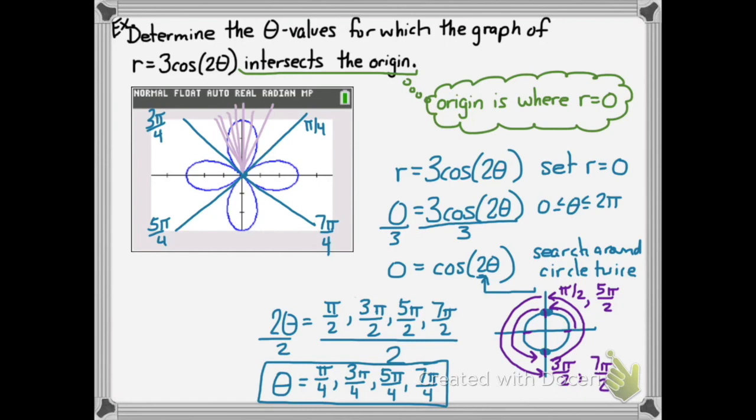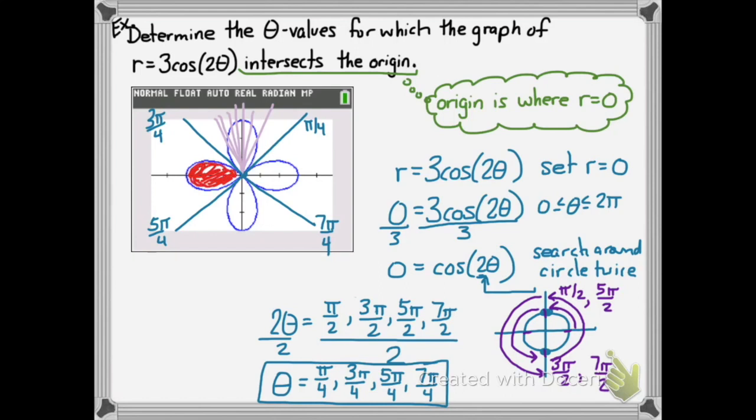This particular question comes into play in Calculus 2 and in Calculus 3 when you start finding areas of different regions. So for example, with this rose, you might be finding the area of one of these leaves. So let's say that I wanted to draw this left-hand leaf over here.